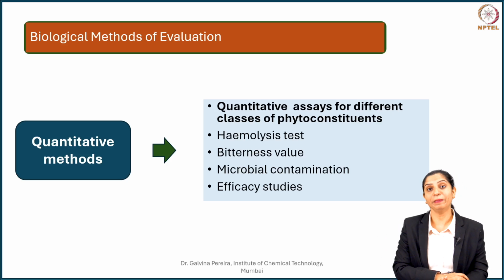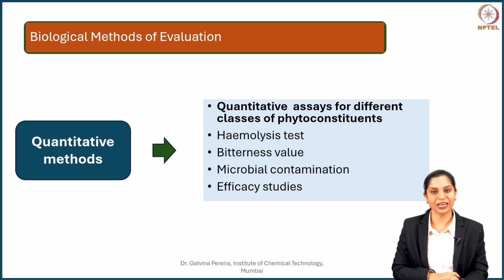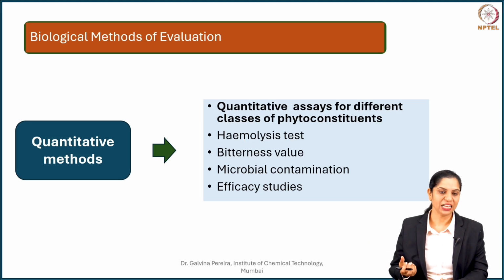In biological methods, we also see the biological load in terms of microbial contamination, which is done by microbial assays. And most importantly, the fourth parameter is the efficacy studies. So you have to do what are called preclinical and clinical studies of your formulation of your drug to check whether it is really efficacious.